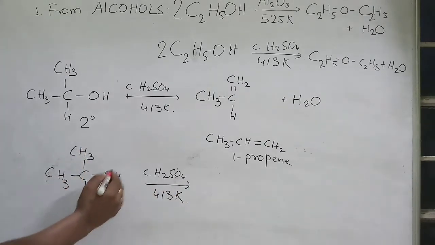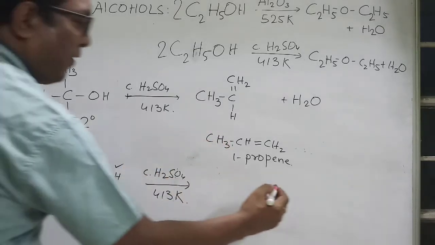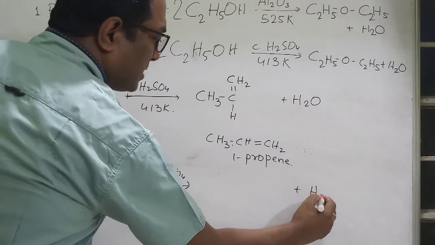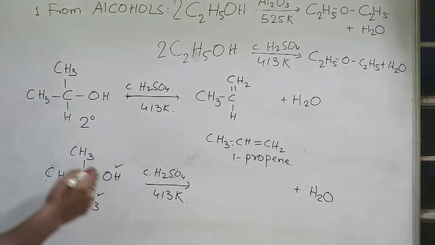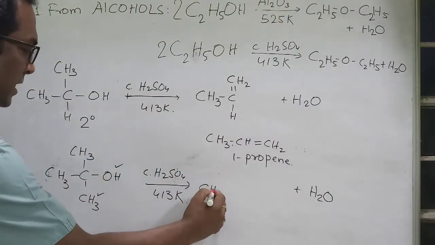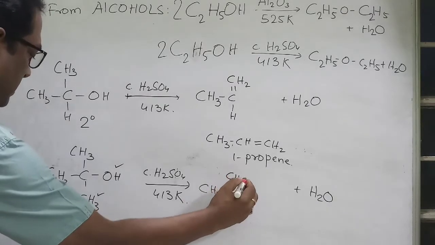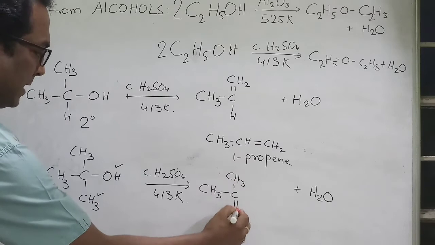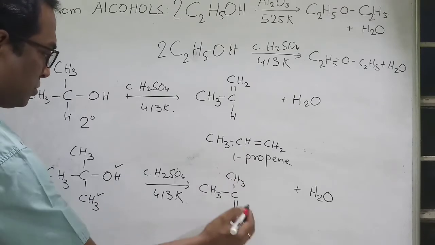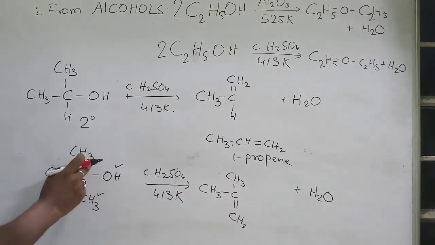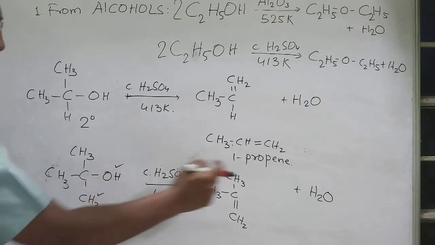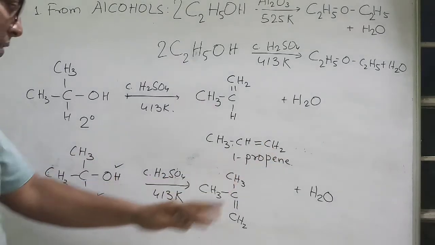One hydrogen from here and this hydroxide unite together to form water. So let us remove this water. H2O is being removed, and what you have here is CH3, single bond CH3, and then double bond CH2, and this H and this OH run off.